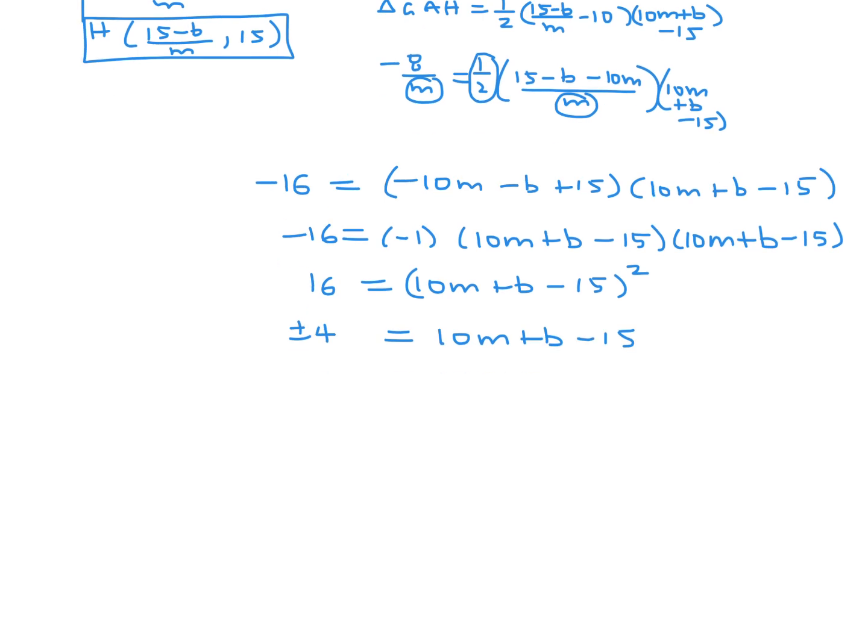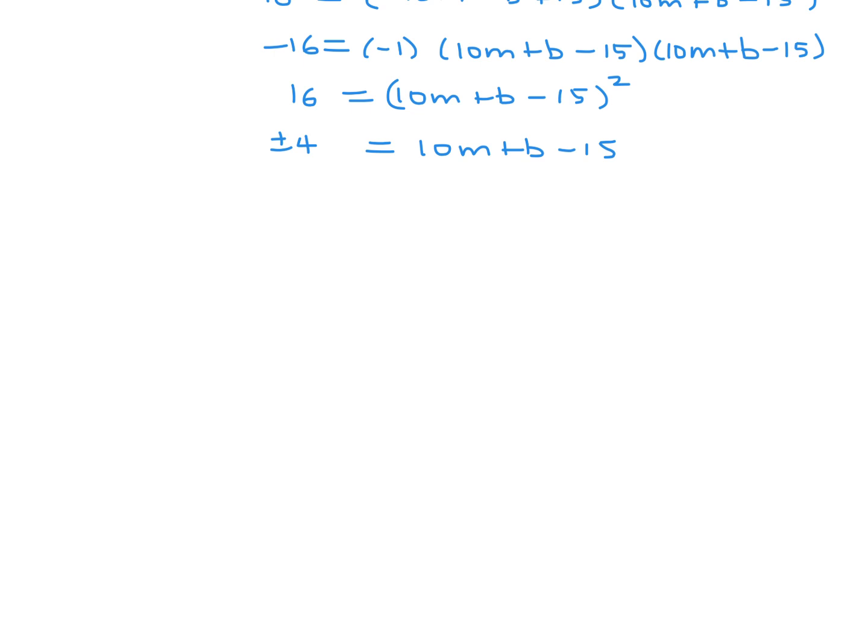So that basically means we've got two equations. The first one is 4 is equal to 10m plus b minus 15, and therefore 10m plus b would be 19.